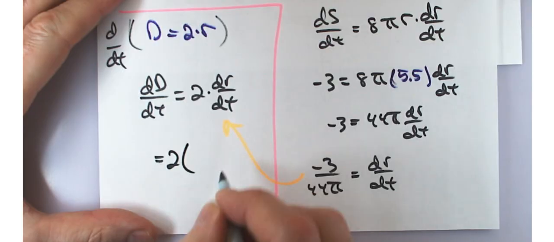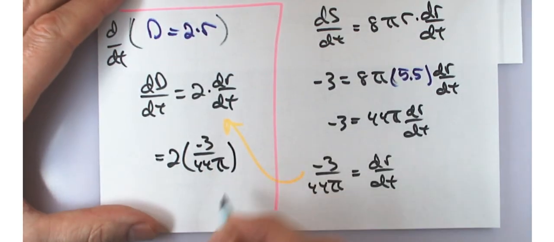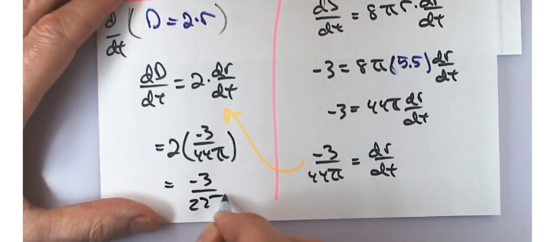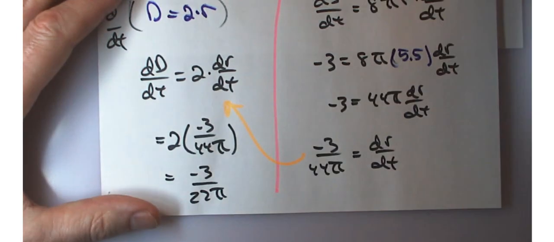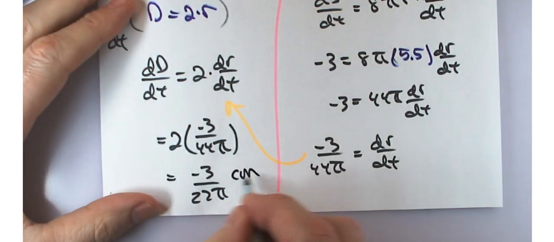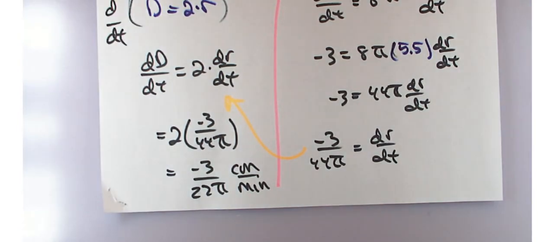2 times negative 3 over 44 pi. The 2 will cancel, I'll get negative 3 over 22 pi. And that's going to be in units of centimeters per minute. Let's not forget the units on that stuff. Nice.